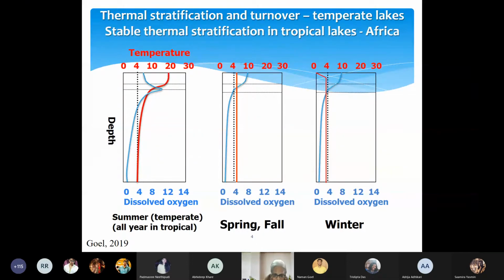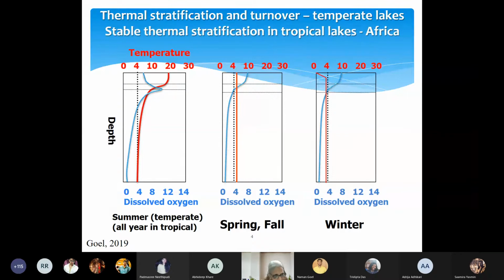So suddenly the layer of water at the top has the highest density and the other layers are also more or less at the same temperature, because you get a uniform temperature profile. So this is going to get completely turned over.